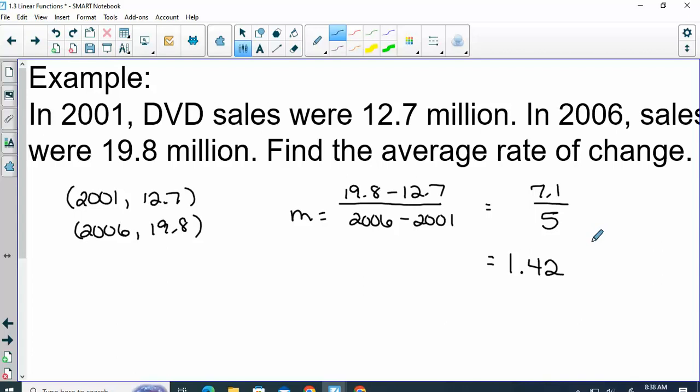So in this scenario, you would have to have units. So we need to know what this represents. So go back to your slope. We did that by y over x. My y values, 19.8, 12.7. What were those? And those were in million. 2006 and 2001, what are those?